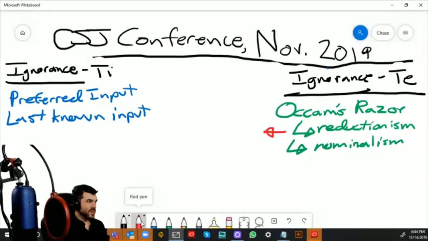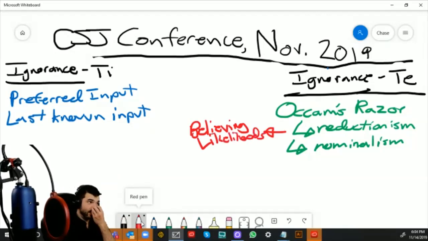All you TE users, reductionism equals believing likelihoods. The thing is, though, likelihoods are not always true, right? And if you end up taking the expedient route, not the meaningful route, expedience leads to ignorance.